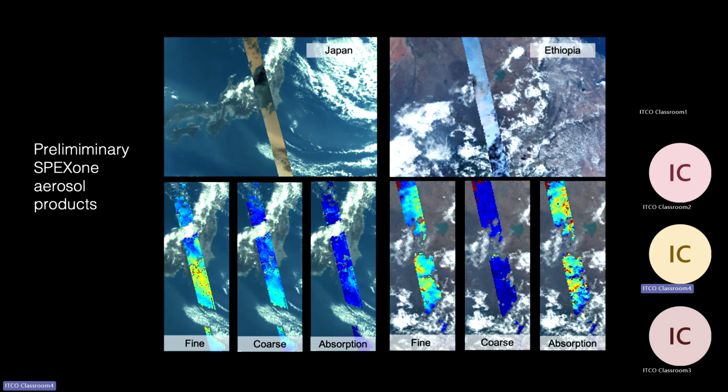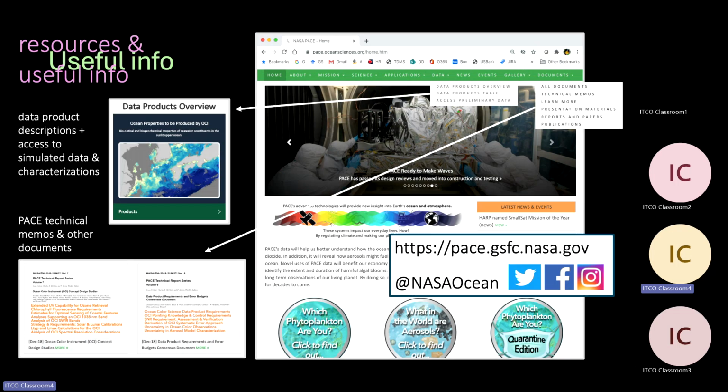Absorption tends to indicate that you've got some sort of brown carbon or smoke or soot in the air, whereas when we're over Ethiopia, over the land, you're seeing a lot more absorption there. So just showing you that we're starting to be able to use, in the preliminary stages, these aerosol products as well, are telling us stuff. So, okay, I am done.